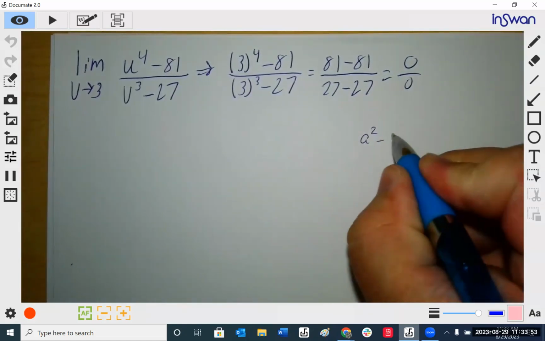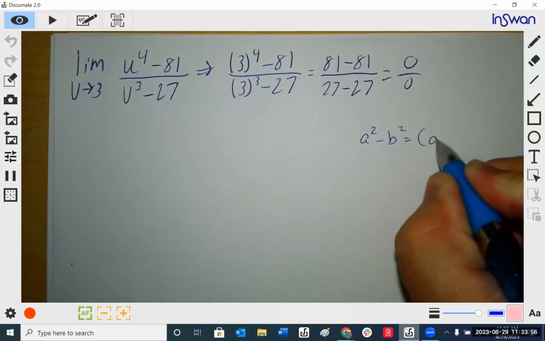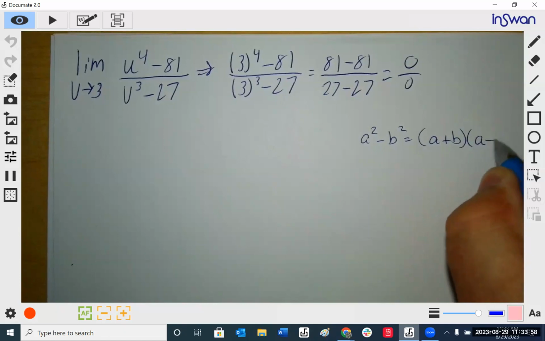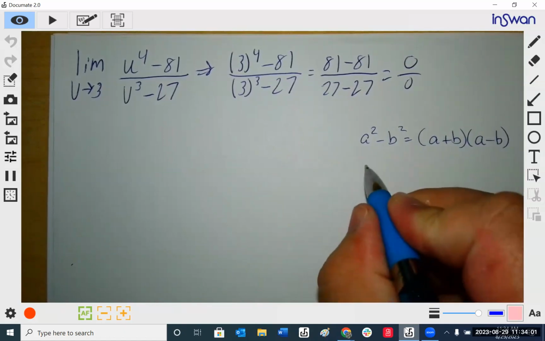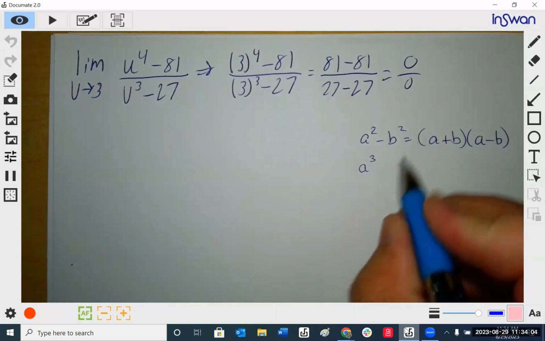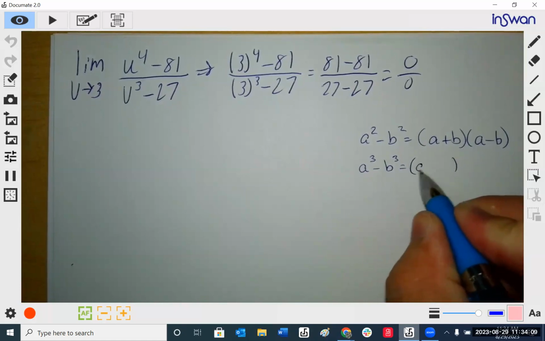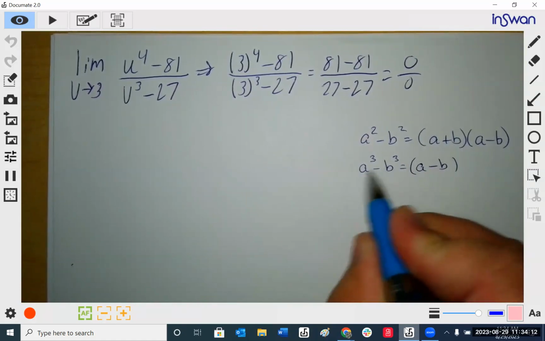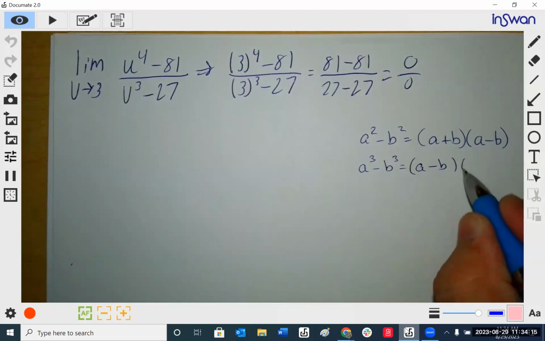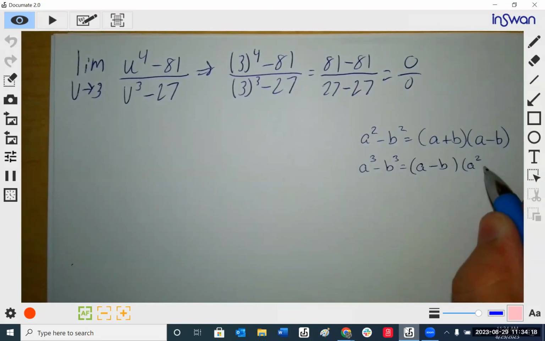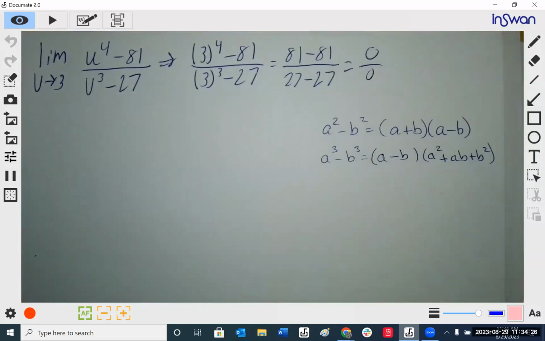The difference of two squares is a plus b, a minus b. The difference of two cubes is just whatever's here minus the exponents. Now the remainder of them are here. If that's a minus, this one has to be a plus. So far, so good?